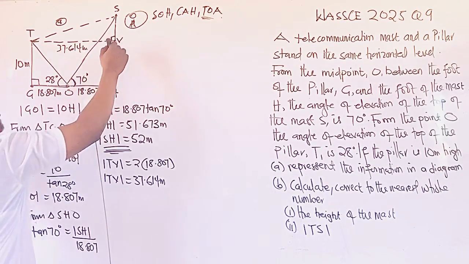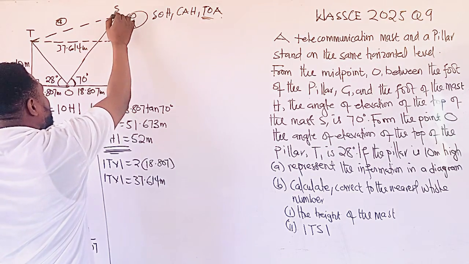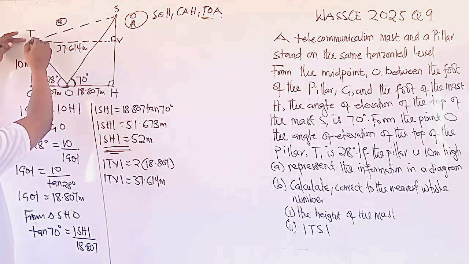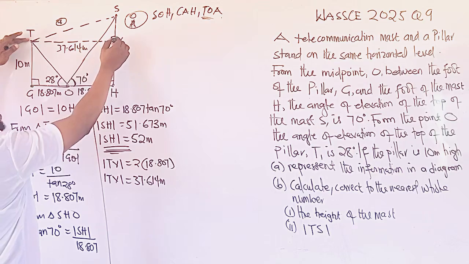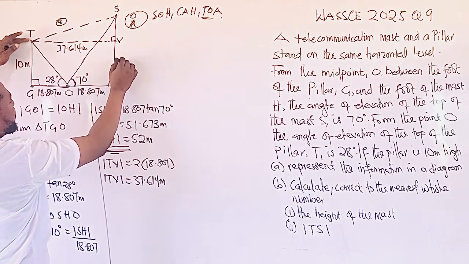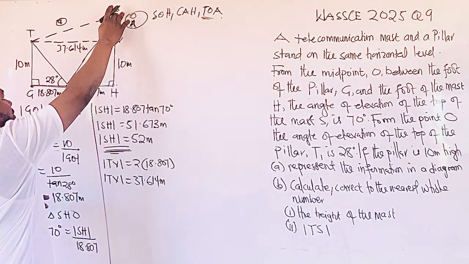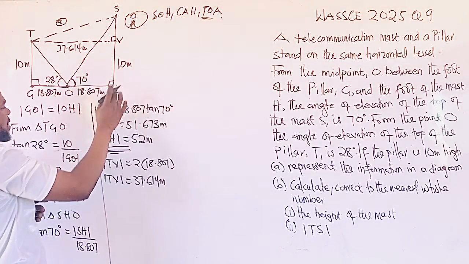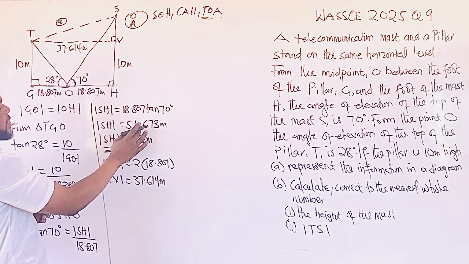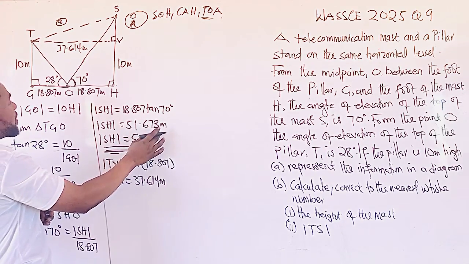So now we know this side to be 37.614 meters. We can also solve for S to V because TG is the same as VH, which is 10 meters. And we know the total distance from S to H to be 51.673.